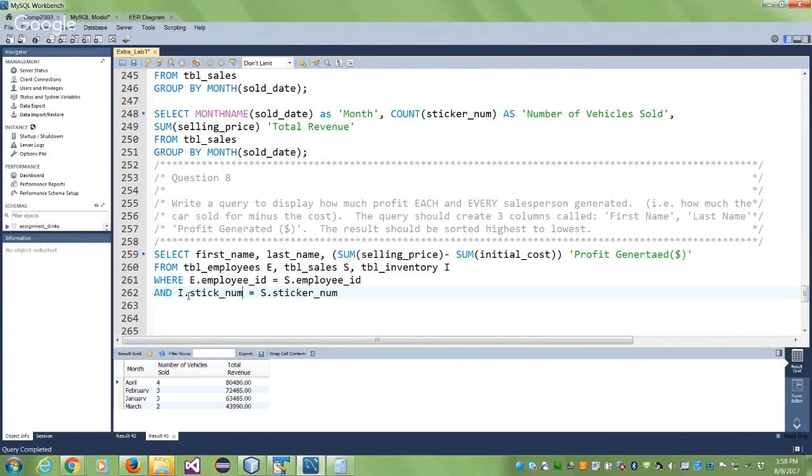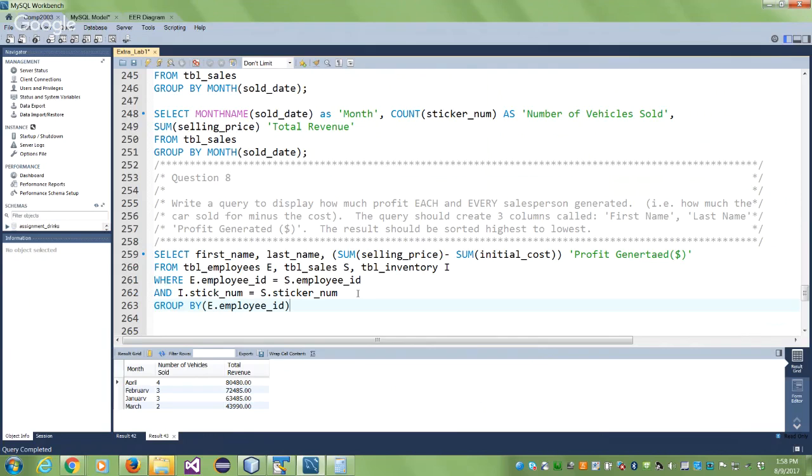Okay, now what else was asked? Write a query to display how much profit. Oh, we have to do a group by, right? Okay, let's think for a minute now. Group by employee ID. There is no other thing we can group it by because we're talking about employees. Employee ID occurs in 2 tables, so let's go E dot employee ID. Right?